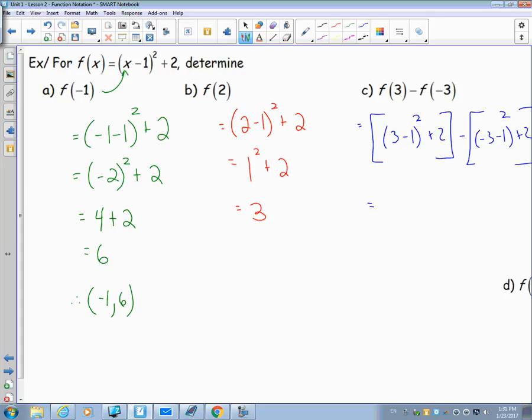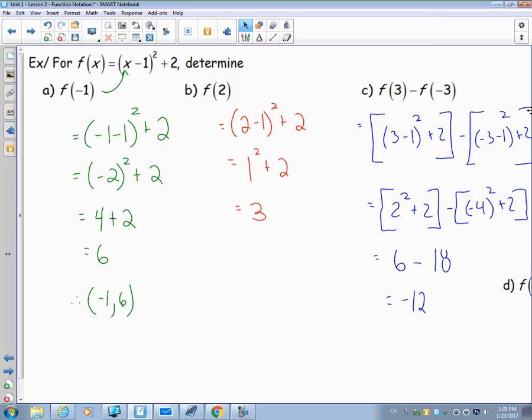Okay, what are we going to get? We're going to get 2 squared plus 2 minus negative 4 squared plus 2, which comes out to 4, 6 minus 16 plus 2 is 18. So we get negative 12.